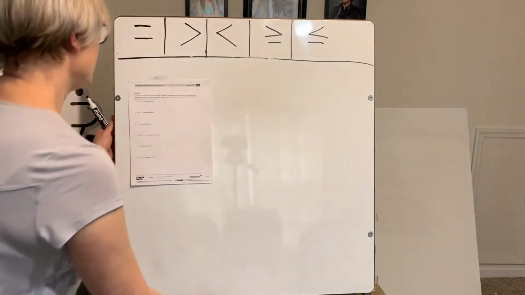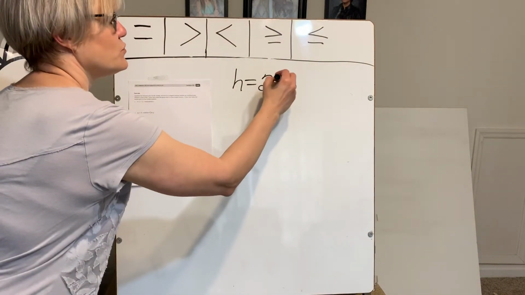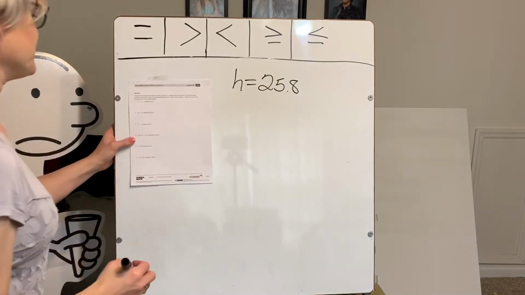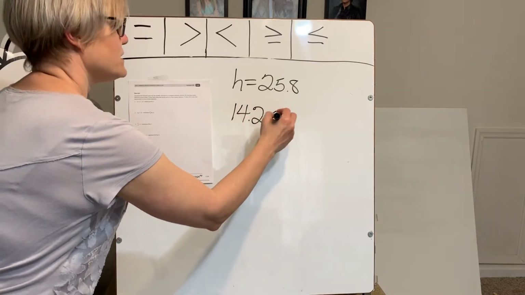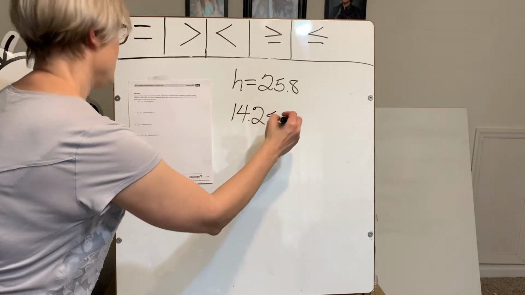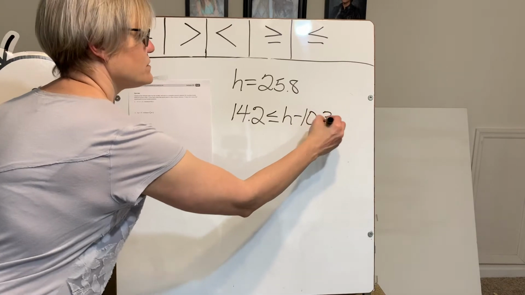All right, so the next one is H is equal to 25 and 8/10. So we've got 14 2/10 is less than or equal to H minus 10 and 3/10.